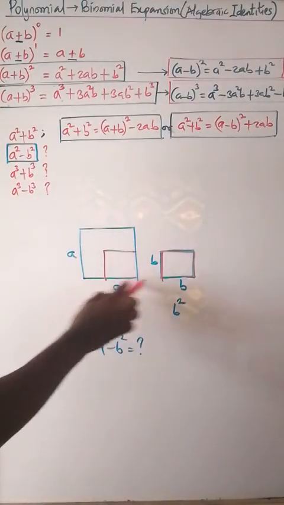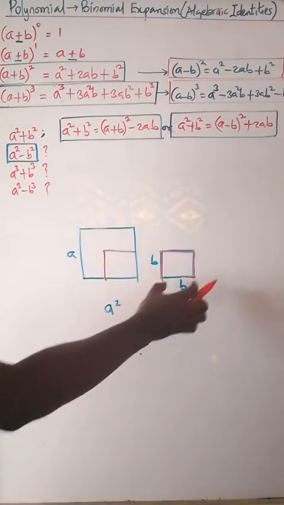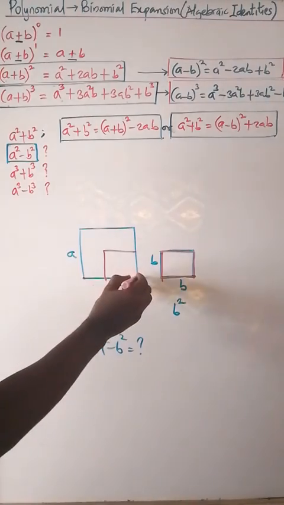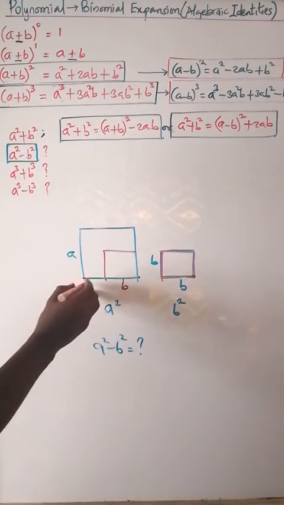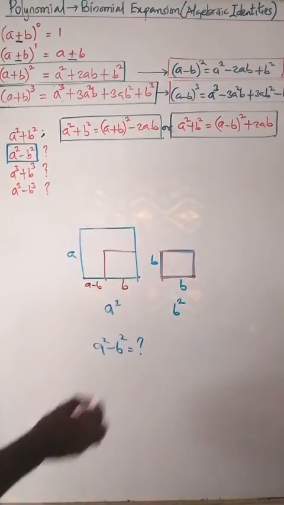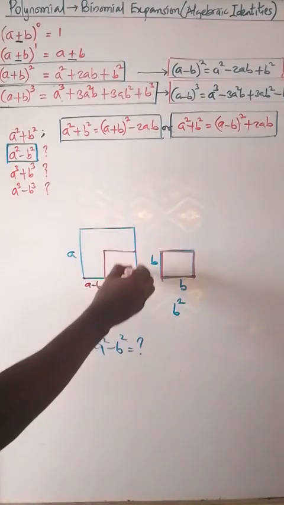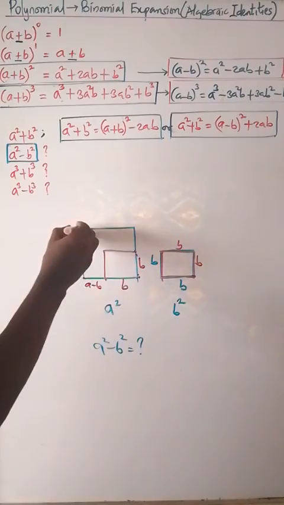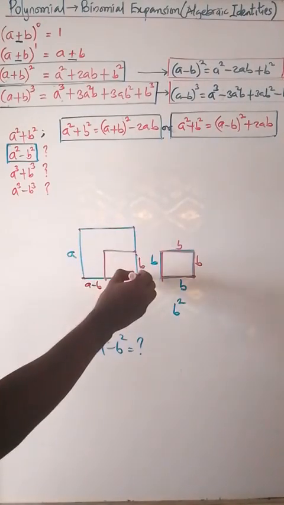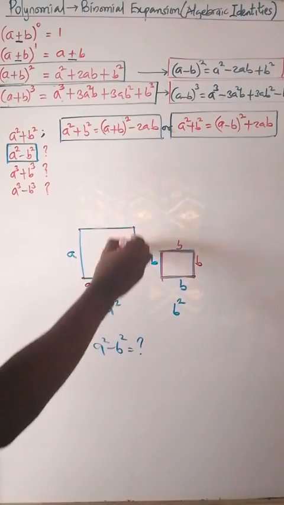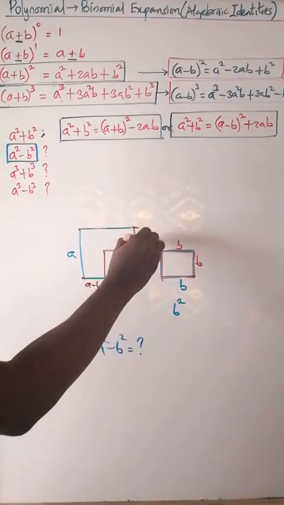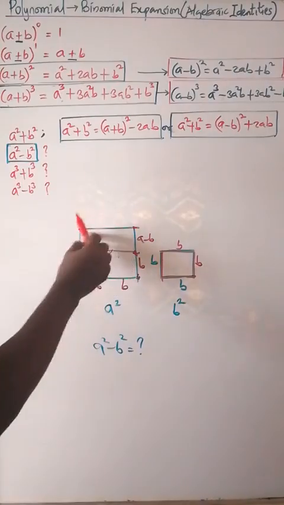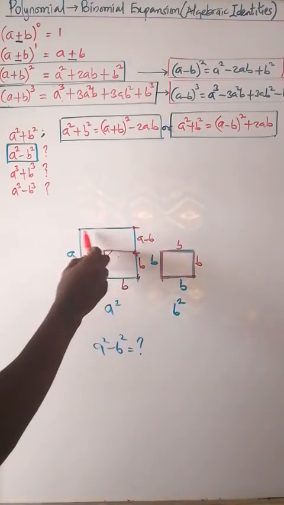If from here to here is a, we know this part alone is b, so this is b. If from here to here is a, and this alone is b, the remaining part is going to be a minus b. In the same way, from here to here is b. Now if from here to here is a, it means from here to here is also a. If this one is b, the remaining part from here to here is also a minus b. So if you remove this small square from this square, this will be left.